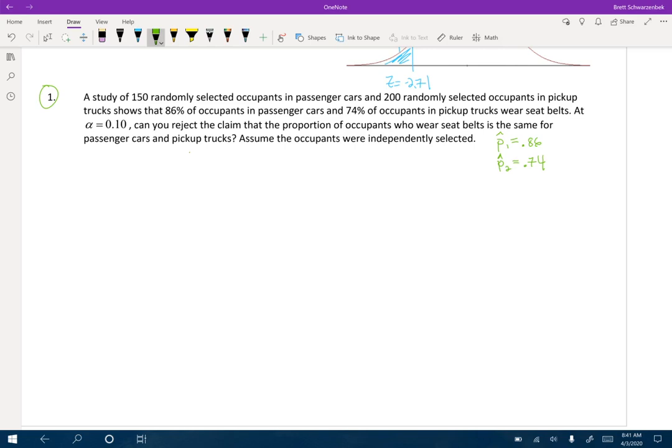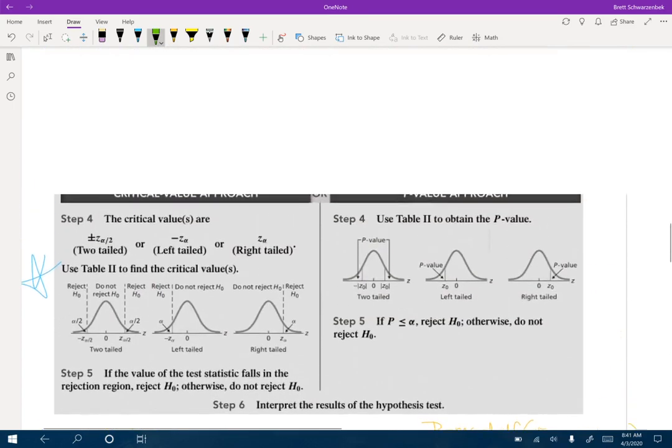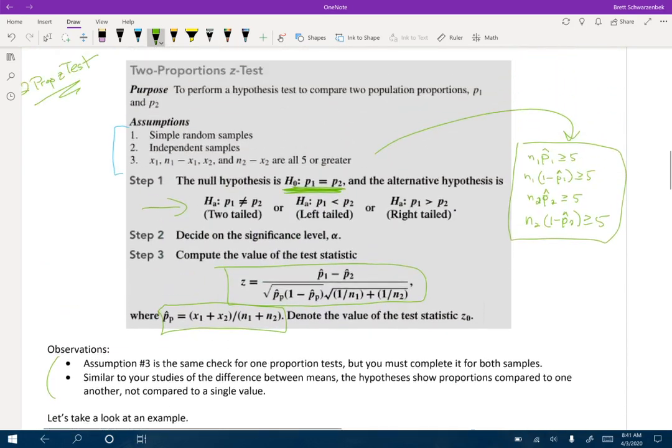So what do I usually do next? Since we're running a test here, we have to check some assumptions. It looks like they mention independent and random, so we have independent SRSs. But we also have all the checks. Remember what I was talking about up here? Same thing as last time.